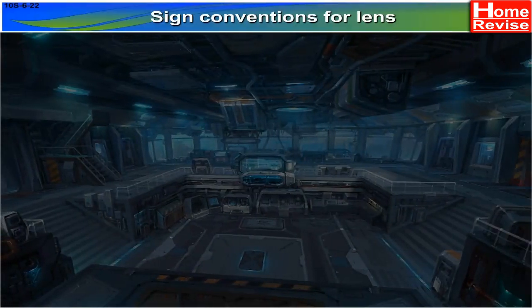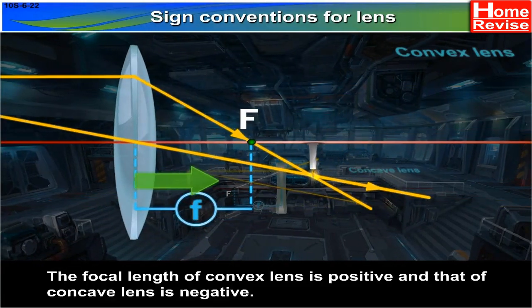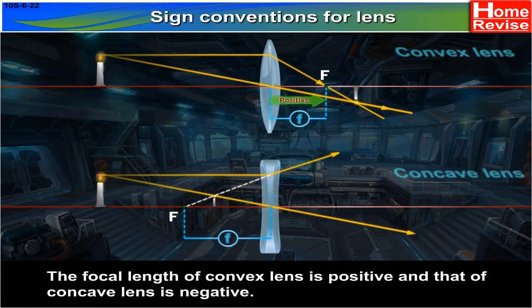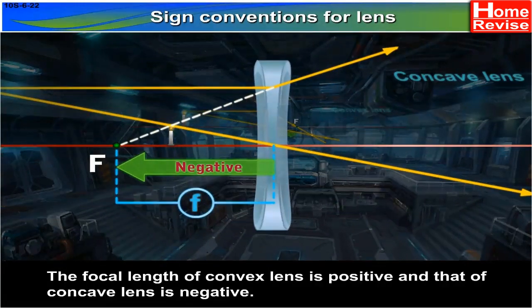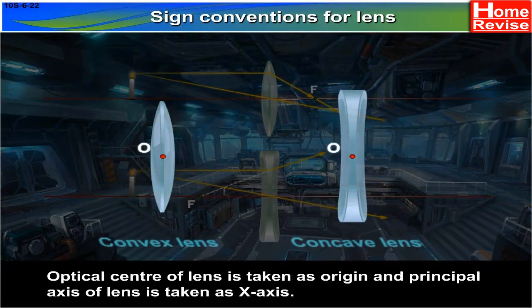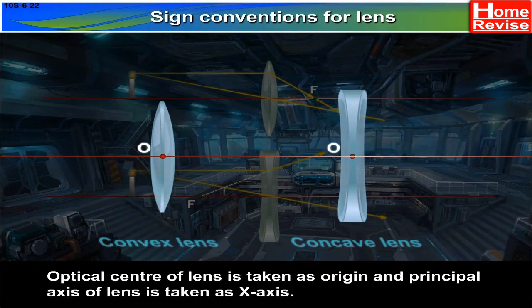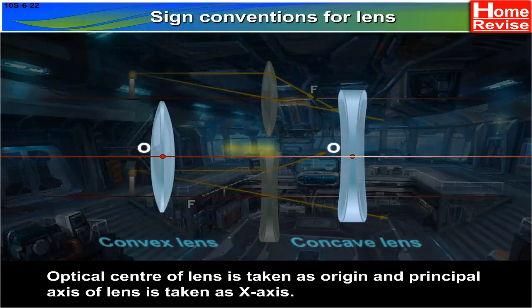Sign conventions for lens. The focal length of a convex lens is positive and that of a concave lens is negative. Optical center of the lens is taken as origin and the principal axis of the lens is taken as the x-axis.